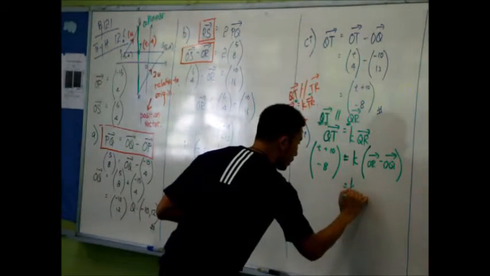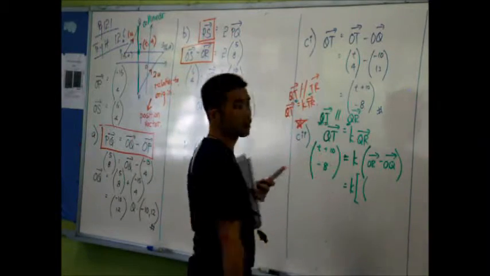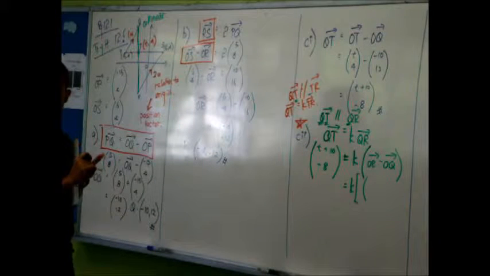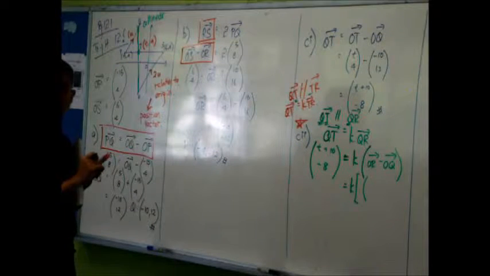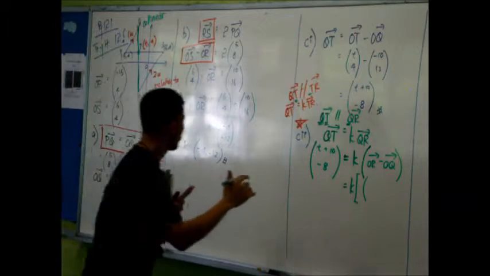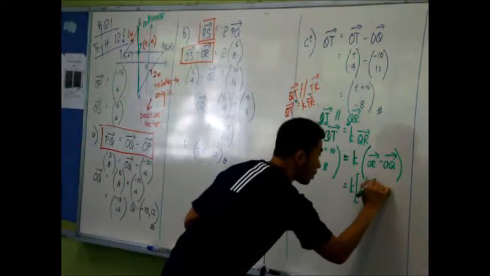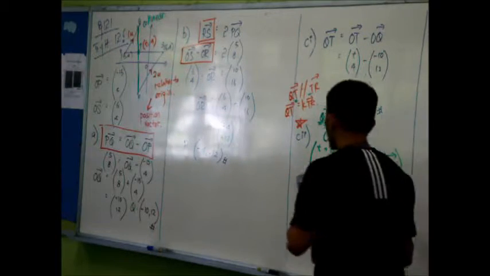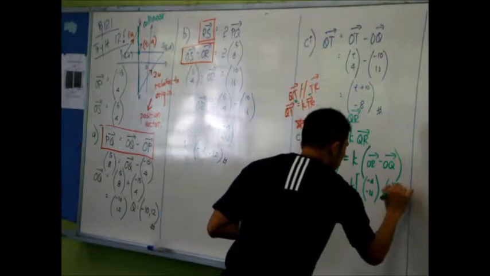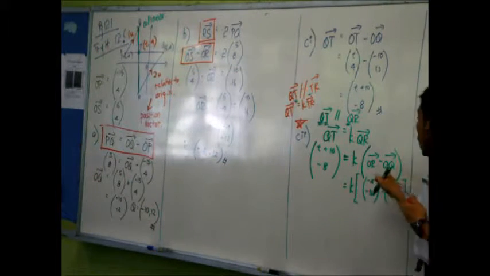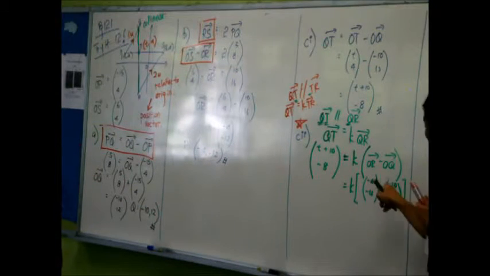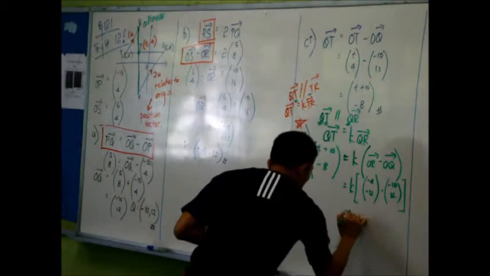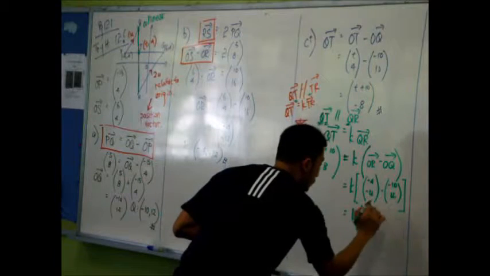What is OR? What is OQ? Okay, notice in our solution list, because it's Q and R, there's no T involved. That's why I only do it with numbers, I don't do it with unknowns, so it's easier for us. Okay, let us simplify.